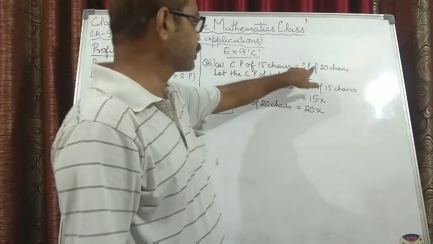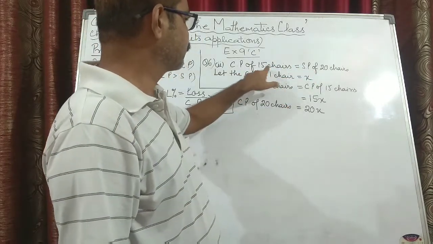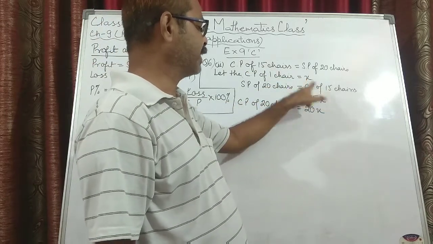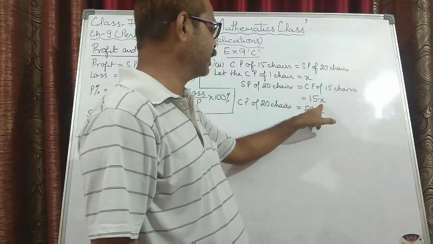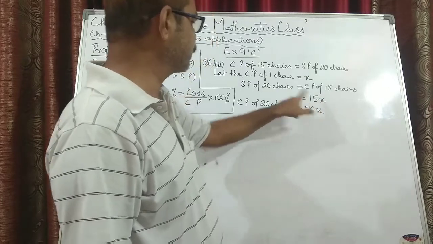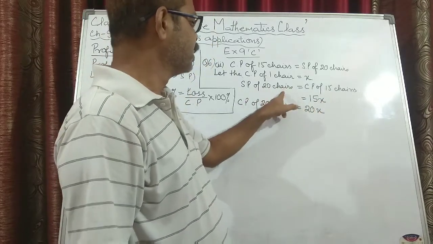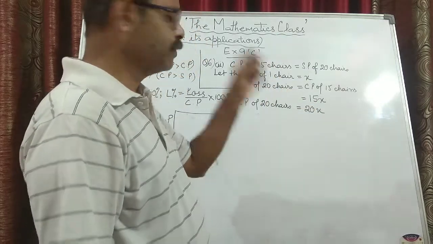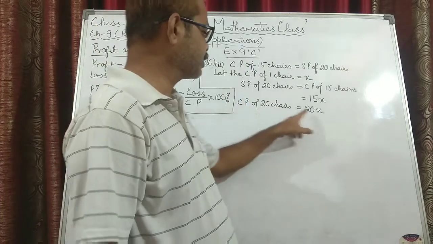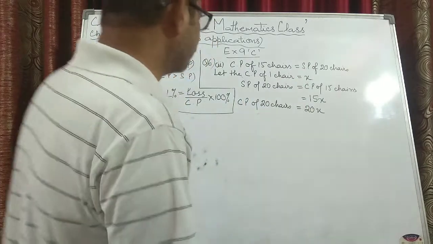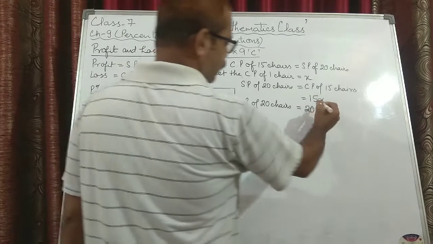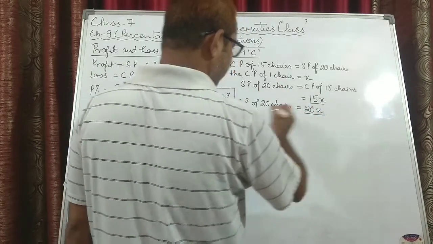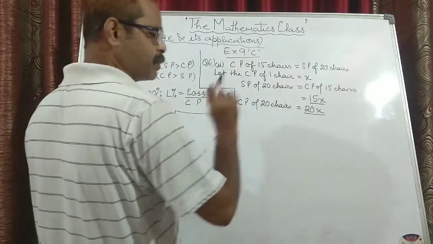So the selling price of 20 chairs is 15X, and the cost price of 20 chairs is 20X, the same number of articles.